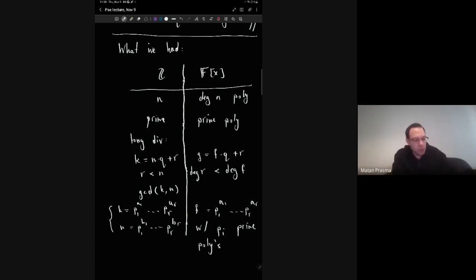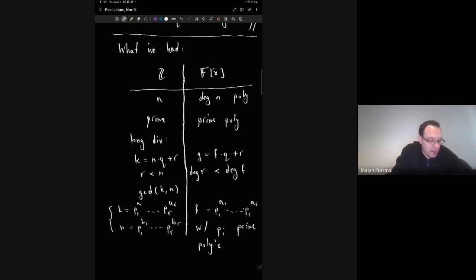And we showed that this factorization is unique, at least when f is a monic polynomial. This factorization is unique up to shuffling the order of the different factors.